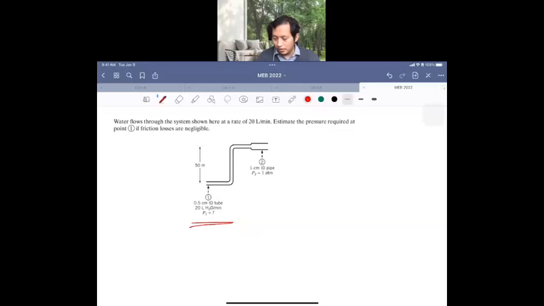So perhaps before we go to the balance equations, we can calculate the cross-section area and the velocity. So first is velocity 1. We have 20 liters per minute.